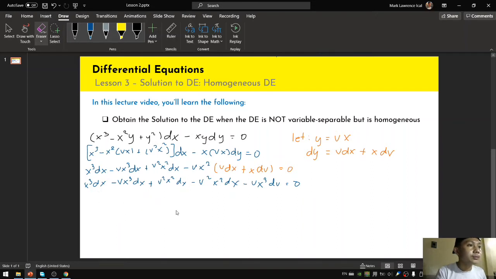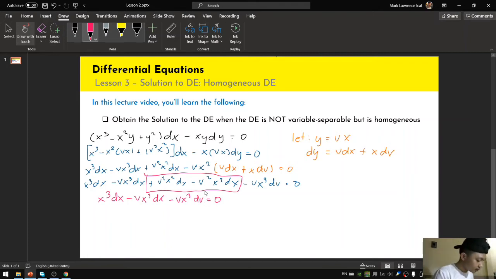Okay, so you see something. What's really interesting is that sa homogeneous DE, kapag ginawa niyo yung substitution at merong nawala, it means tama yung ginawa niyo. Ito kasi yung lagi kong hinahanap, may mawawala dapat. So add that on, it's going to be 0. So we only have x cubed dx minus v x cubed dx minus v x cubed dv equals 0.